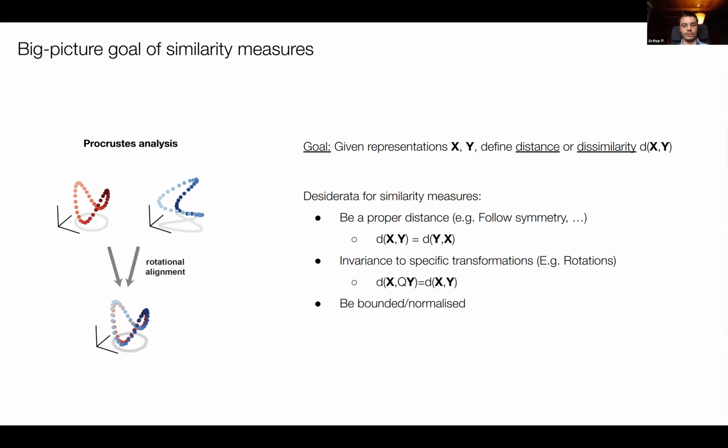Finally, another property I might want is for it to be bounded or normalized, so that the number is interpretable. I don't want to say the distance is 1000. That's not very interpretable. I want it to be bounded and properly normalized. In particular, this normalization will allow us to transition between a distance function and a similarity, where a higher distance value means more dissimilar.